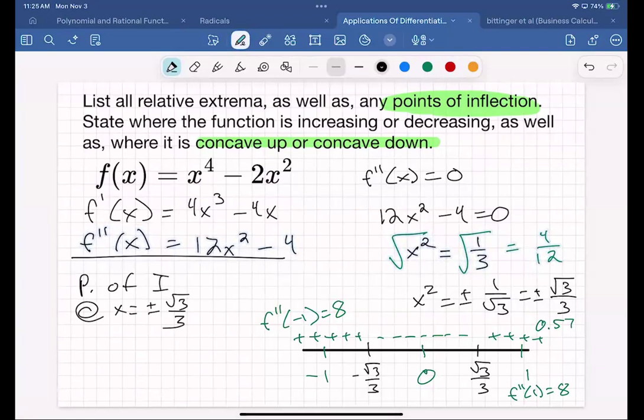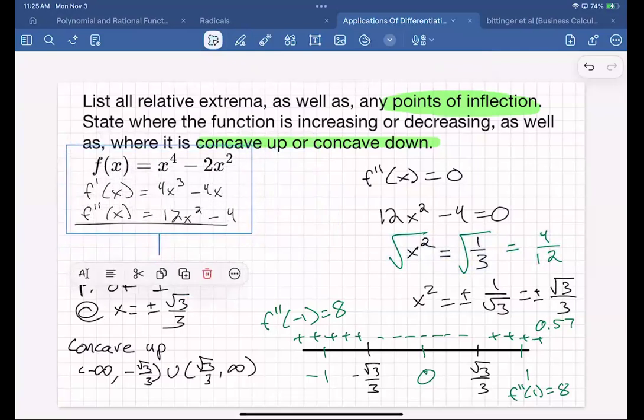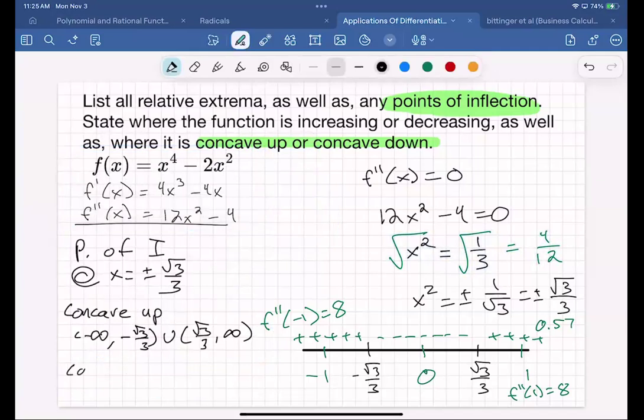As far as dealing with this is concerned, we would say it's concave up on the intervals of negative infinity to negative square root of 3/3 and square root of 3/3 to infinity. The function is then concave down on that interval in between them.